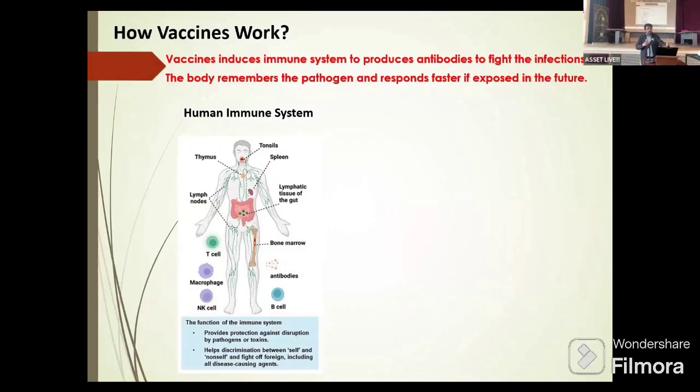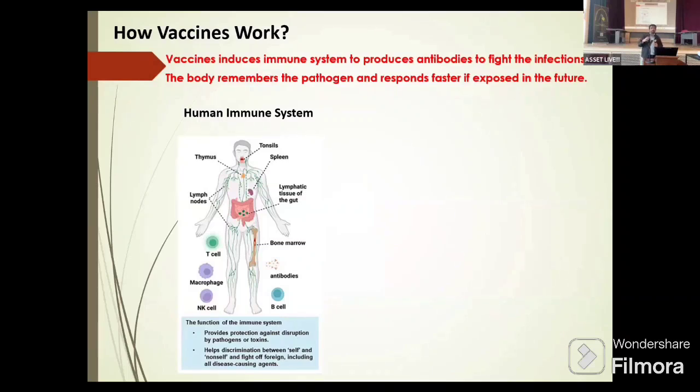The cells produced from the bone marrow migrate to the spleen, tonsils, thymus, and lymph nodes, and then they get exposed to different pathogens or infective organisms, and then they change their structure. For example, the T cells, which are called thymus cells, and macrophages, natural killer cells, and B cells. Every cell has its own function and phenotypic character.